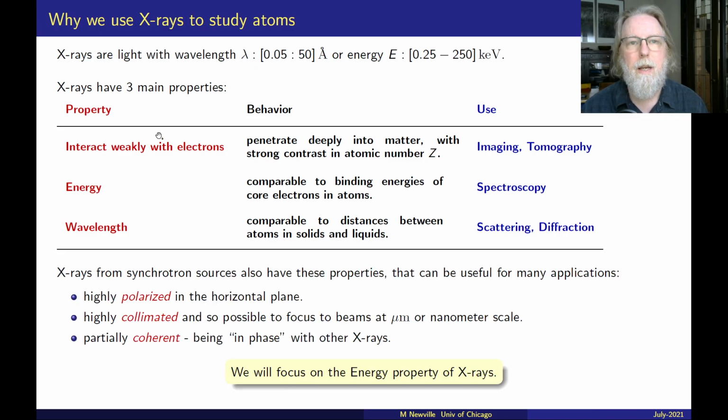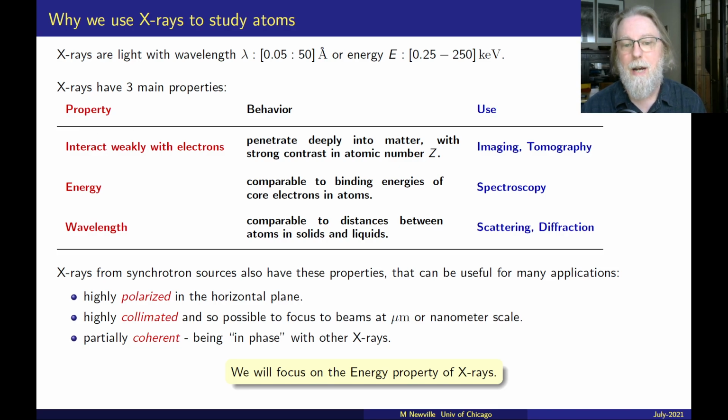In addition, X-rays from synchrotron sources especially have some unique properties that can also be exploited for many applications. X-rays from synchrotrons are highly polarized in the horizontal plane, which can be very useful. It won't be discussed too much in this series, but it is something to keep in mind.